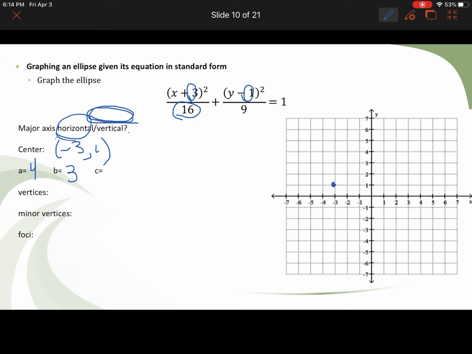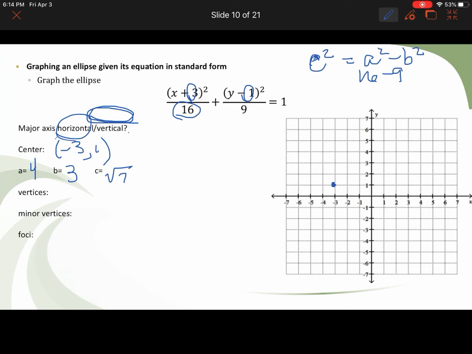Remember that a squared was the biggest one, so it's a squared equals b squared plus c squared. Or you could write it as c squared equals a squared minus b squared. And the only reason that that's more handy is because I have a squared and b squared right here, right? I got 16 minus 9, which is 7. So c squared equals 7. So c is the square root of 7.